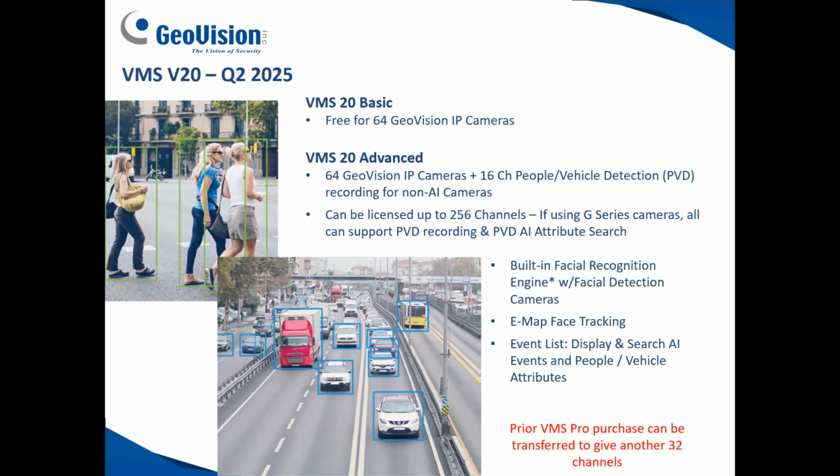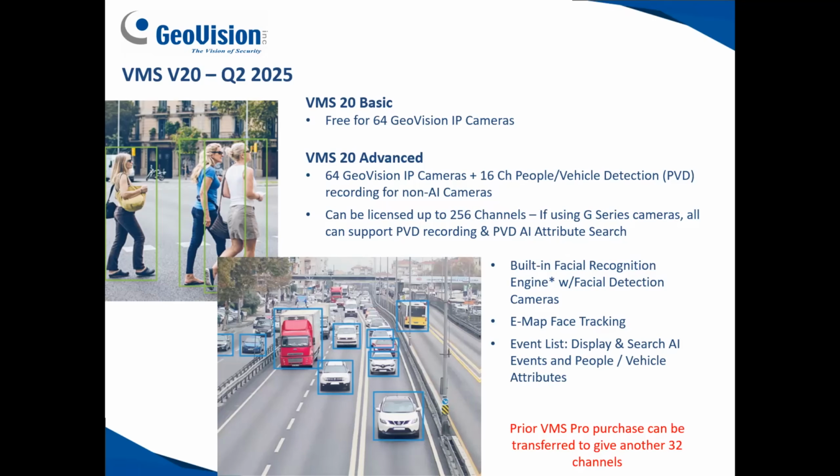Another thing that can be done with the VMS v20 Advanced is you can purchase incremental licenses in blocks of 32 channels all the way up to 256 channels on a single server. In previous versions of our VMS, you were capped out at 64 cameras, and once you filled that up, you had to go to another VMS machine.